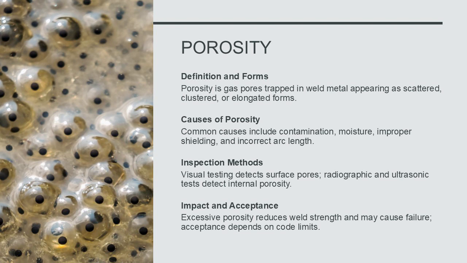Causes include contamination, moisture, improper shielding, and incorrect arc length. Inspection methods include visual testing, VT, with good lighting for surface pores and radiographic or ultrasonic testing for internal porosity. Acceptance depends on size and distribution per code limits. Porosity can reduce weld strength and lead to failure under stress if excessive.